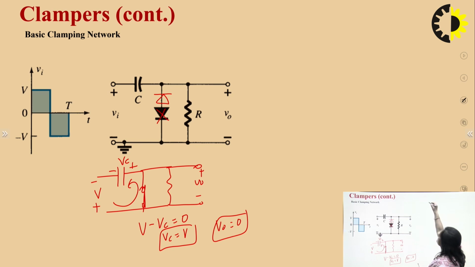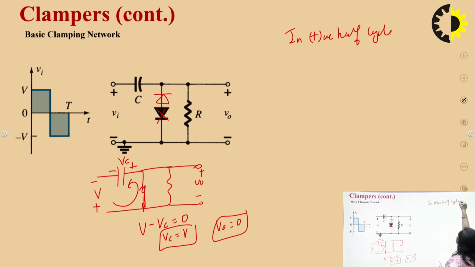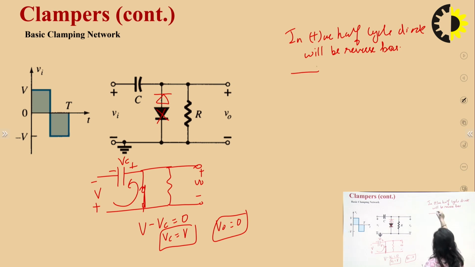Now in the positive half cycle, the diode will be reverse biased. So the equivalent circuit will be like in this way. Now this diode is reverse biased.